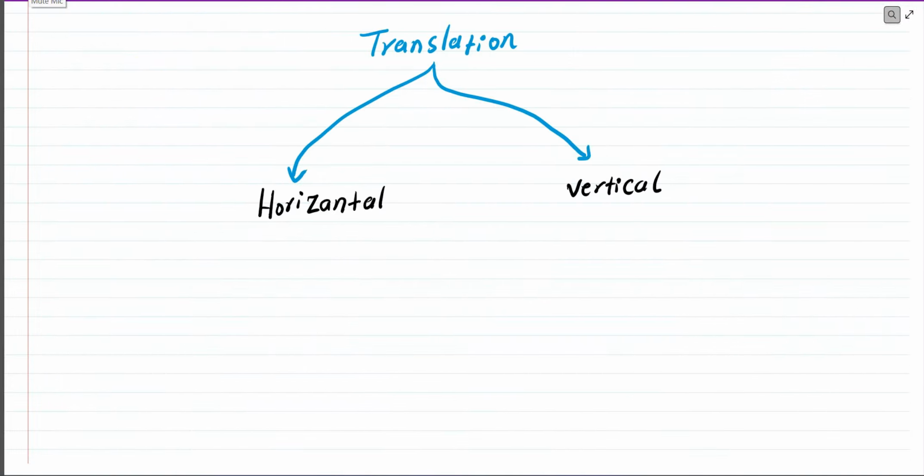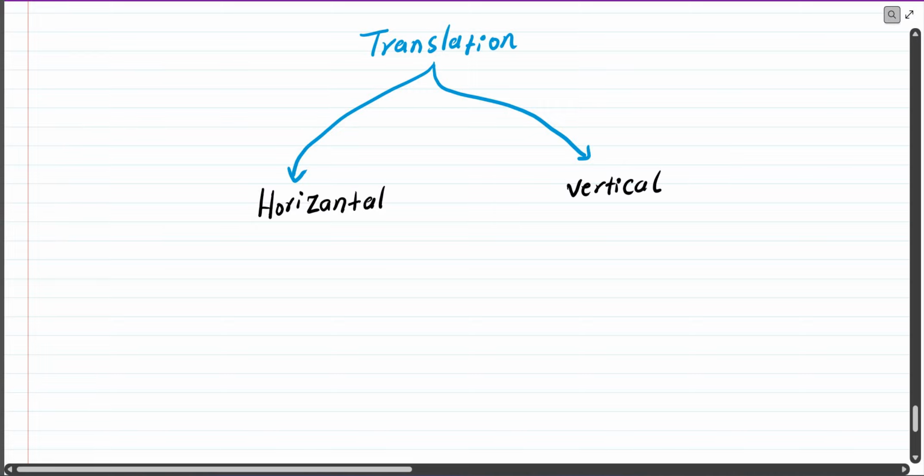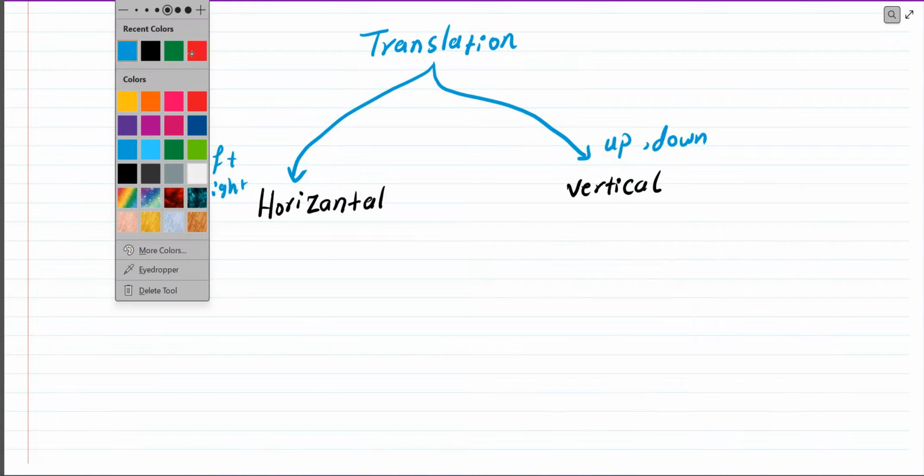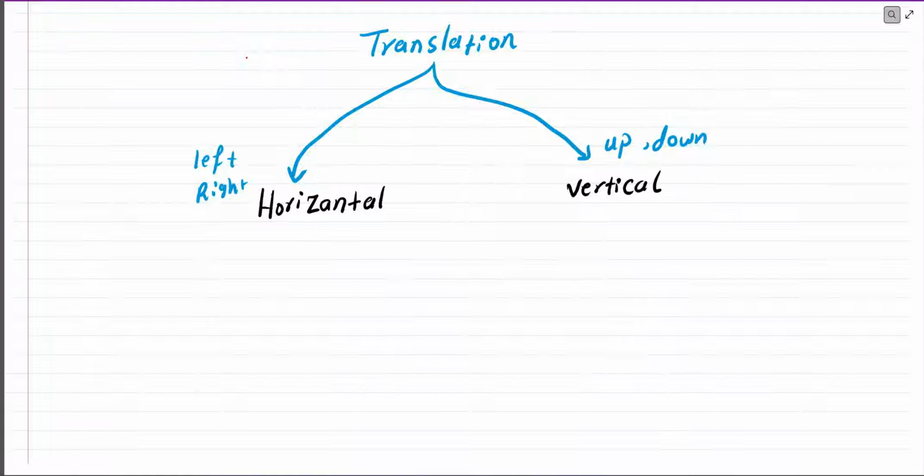Students, translation has vertical translation and horizontal translation. For horizontal translation, you need to think about left and right. But for vertical translation, you need to think about up or down. And for each of them, we have our own rule in order to write.